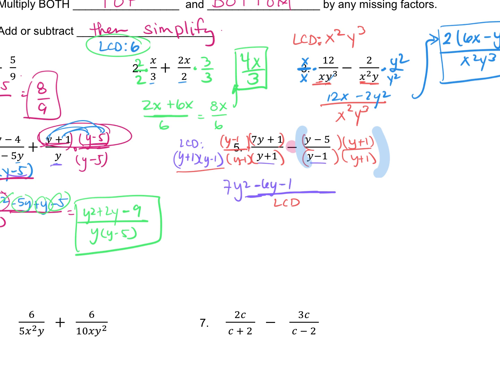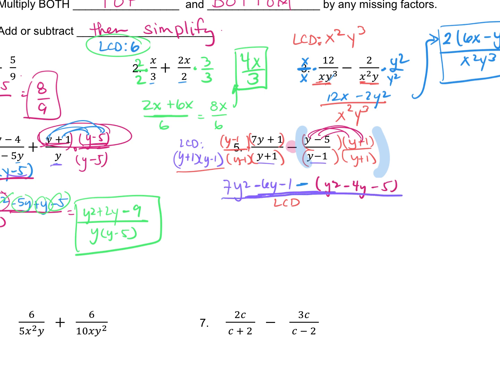And then the other one, I'm going to put my subtraction here, and this one I'm going to put in parentheses. I'm going to put a minus, and then FOIL the top. Y times y is y squared. That's a positive y minus 5y, which is a minus 4y. Negative 5 times that is a negative 5.